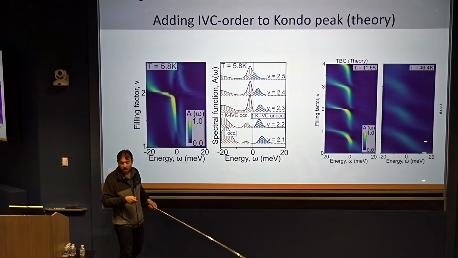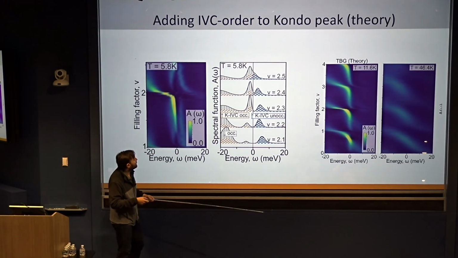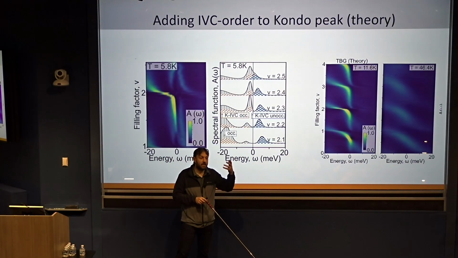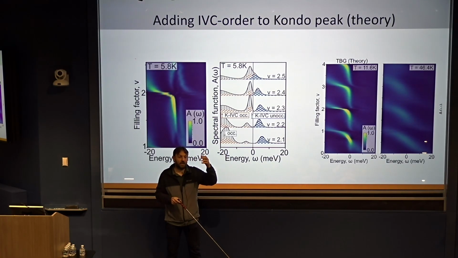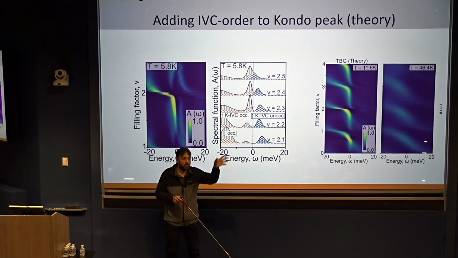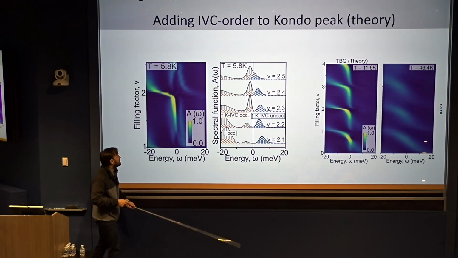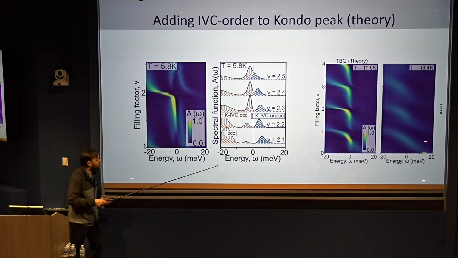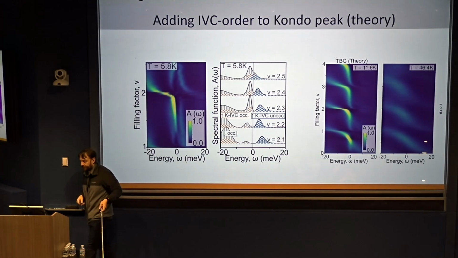If you would do Hartree-Fock again and impose some sort of intervalley coherence, you would get gaps, but these would be somewhat like semiconducting gaps, where they would shift and do all kinds of strange things as you change your doping. But here, because the starting point is a peak close to the Fermi energy, you get something that is split around the Fermi energy in a natural way, okay?